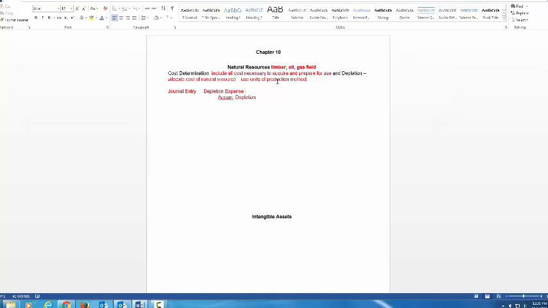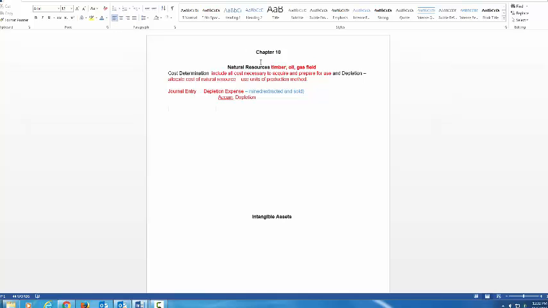This depletion expense is going to be for the amount of natural resource that's mined, extracted, and sold. So that's our journal entry that's associated with that.